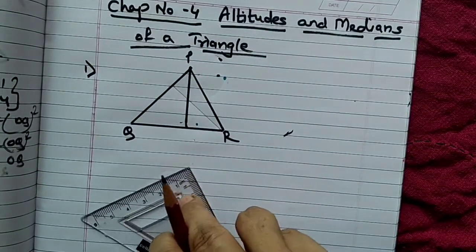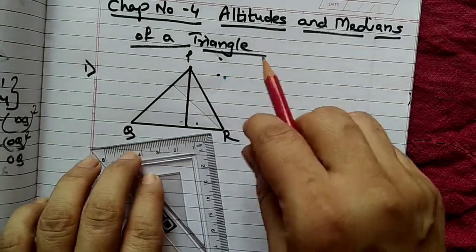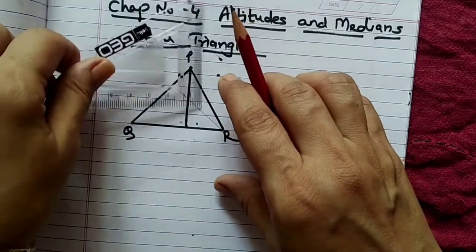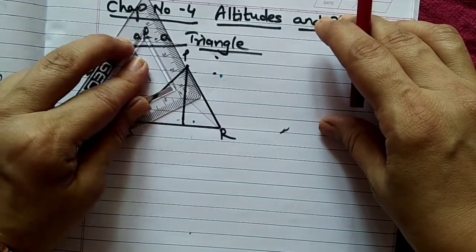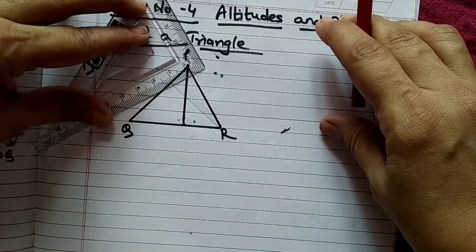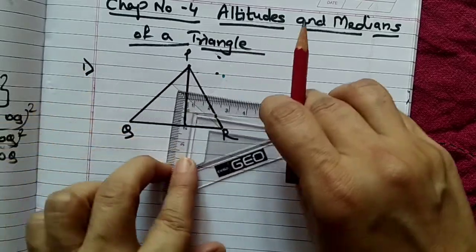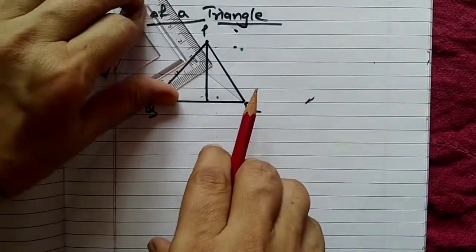Okay, next I want to draw a perpendicular from Q to PR. So again I will do the same thing. I will keep the set square here. I will slide. I can't do it. So a little bit to shift.